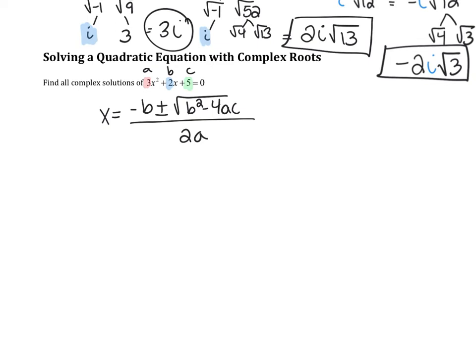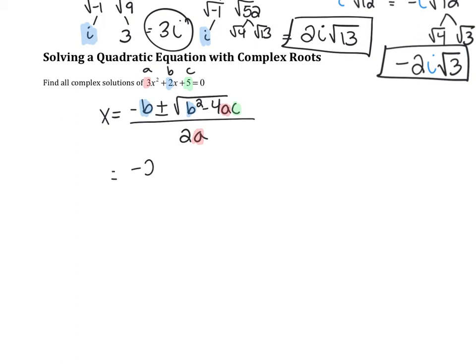And then from here, we're going to plug in all of the values that we just found. So remember, b is 2, a is 3, and c is 5. So let's plug in all of those numbers and do our arithmetic here.